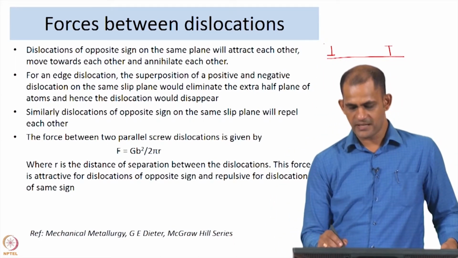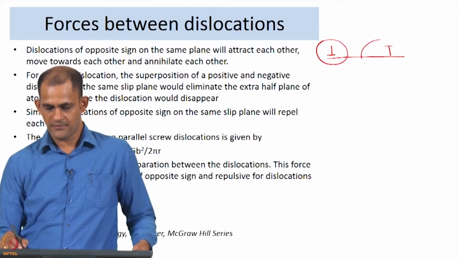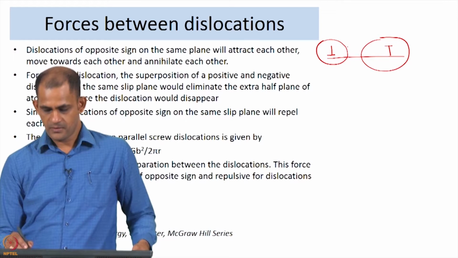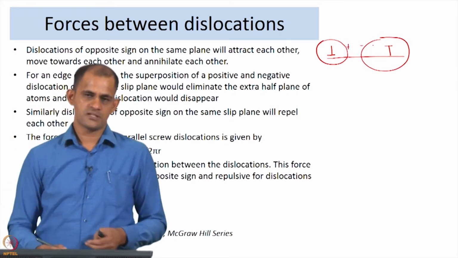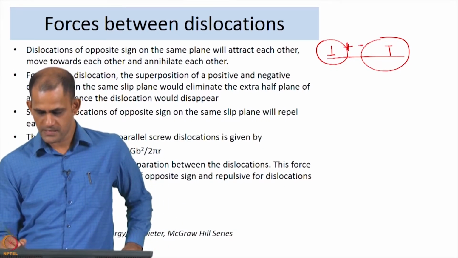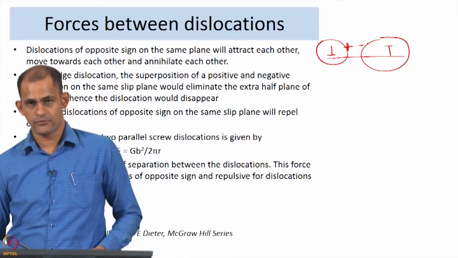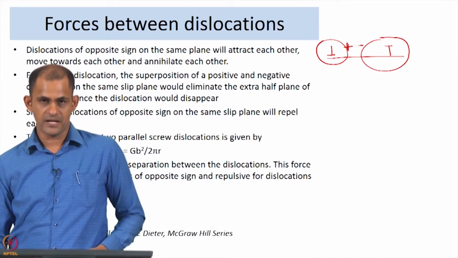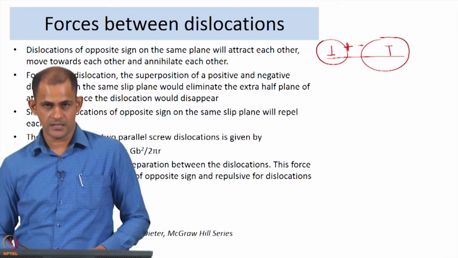So, the stress field created by this dislocation will have a different sign. Let us assume this is plus and this is minus. The stress fields created by these dislocations are opposite in nature, which means there will be an attractive force. So, a positive and a negative edge dislocation would like to move towards each other and annihilate each other.